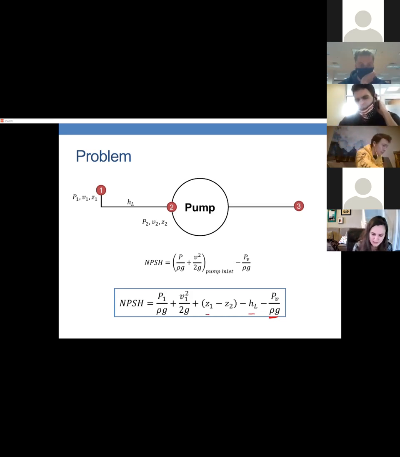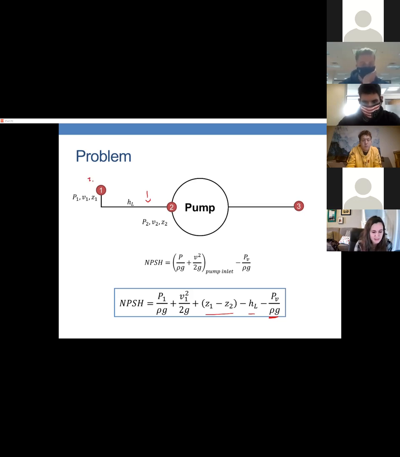And finally, what about here? Z1 minus Z2. So if we're going down, will Z1 minus Z2 be positive or negative? Positive, right?